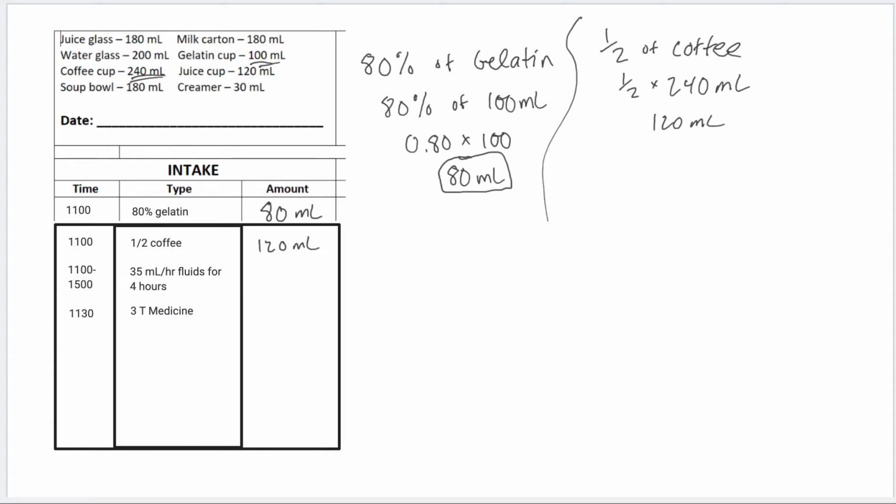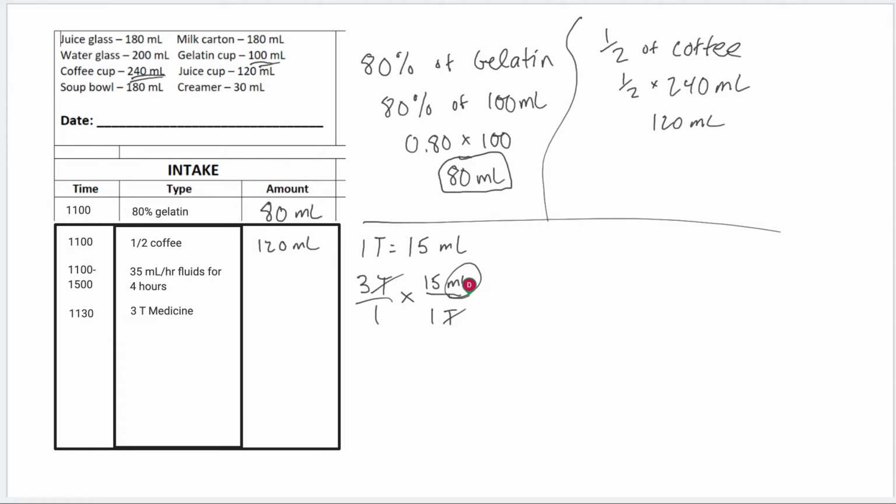I'm going to skip over the volume for the fluids right now for the rate and go to the 3 tablespoons of medicine. We saw in the previous slide that 1 tablespoon is 15 mLs. So using dimensional analysis, I want to start with what I want to convert. I know 1 tablespoon is 15 mLs.